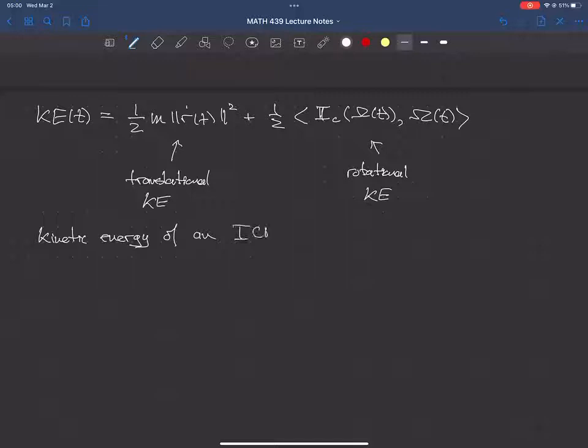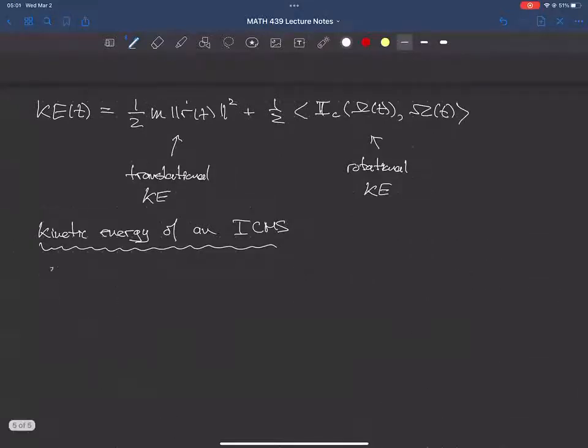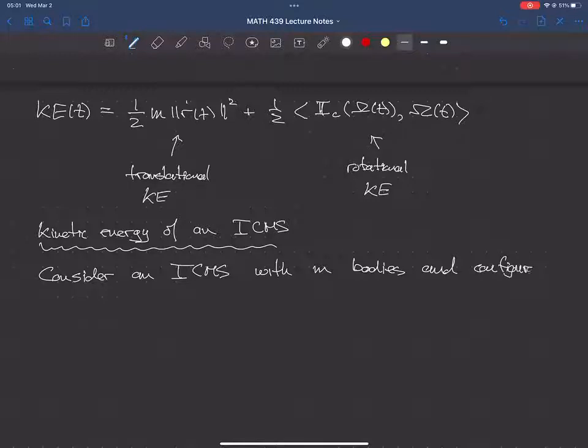So we're going to consider an interconnected mechanical system with m bodies, and configuration manifold Q in Q free, and Q free is always just some collection of products of SO3 cross R3.